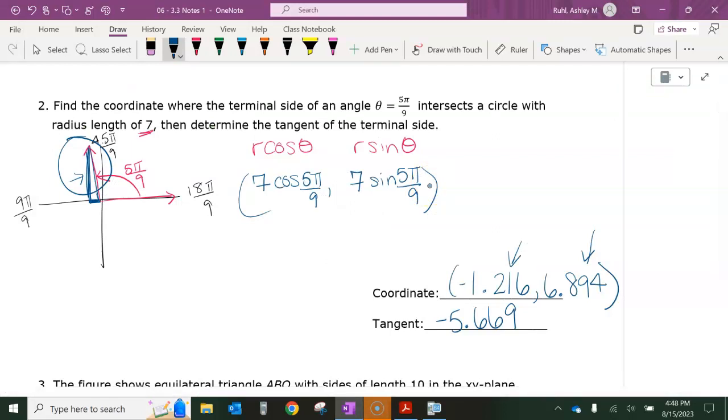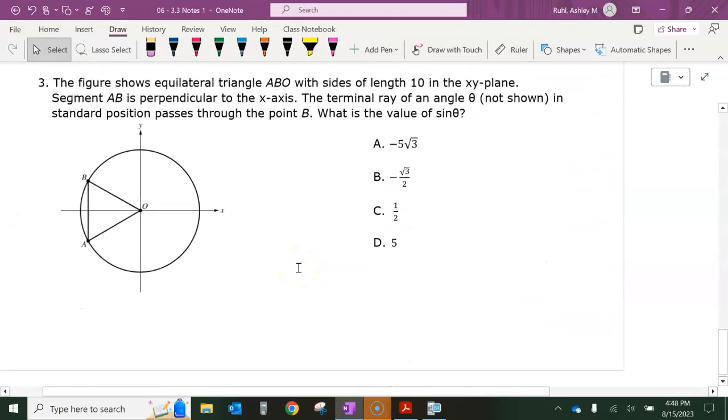Last problem here. It says that we've got a figure that shows an equilateral triangle ABO with sides of length 10 in the XY plane. So each one of these sides, this whole thing would be 10, and this side would be 10 as well. Segment AB is perpendicular to the x-axis, so that's telling me that this is a 90-degree angle.